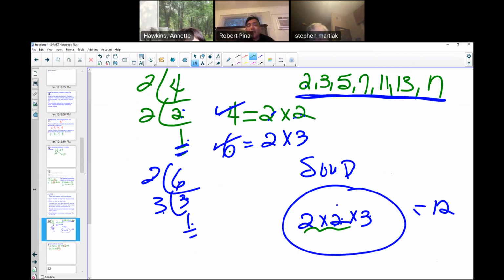I look at my soup, I have plenty of 2s. As a matter of fact, I have 2 2s. I only need 1 for this 6, so I don't need to dump anything in. But 6 needs a 3, and I do not have a 3 in my soup, so I have to put a 3 there. So 2 times 2 times 3 gives me 12. So that's using the LCD soup.